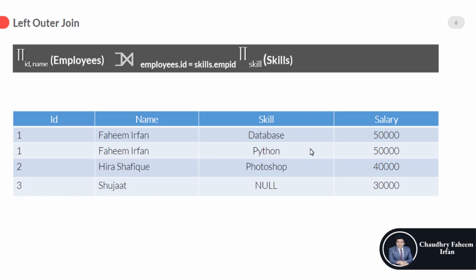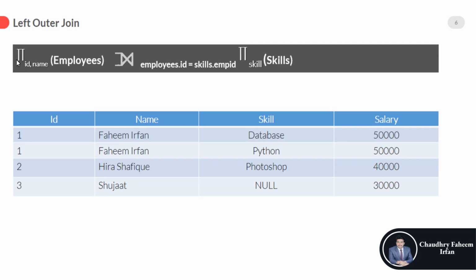Shujat has no skill, so there is a null value in front of Shujat, and the left side table is selected. So we are going to perform left outer join by using projection operation.